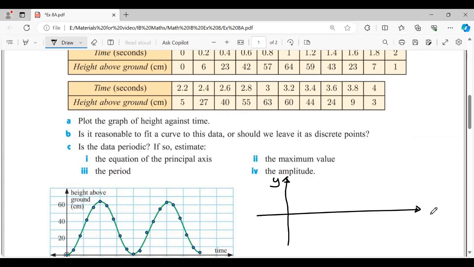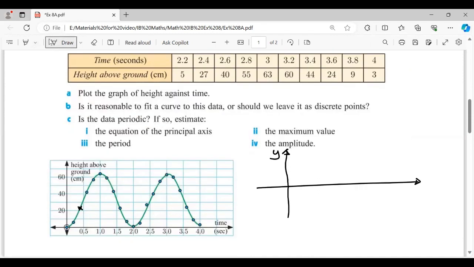Now look, let's go to that point first, 0, 0, at the origin, and then 0.2, 6, this one, and then 0.4, 23, this correct point.